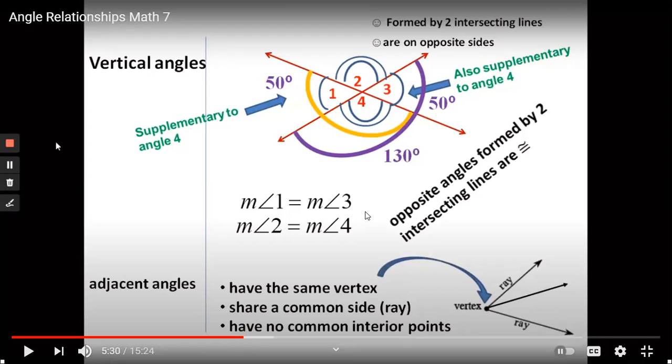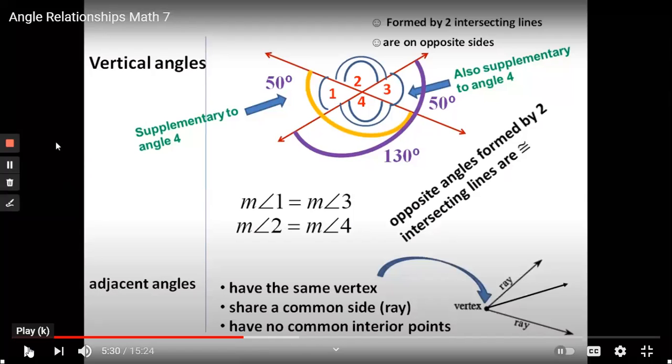And now we will study adjacent angles, and we have a specific condition to decide that they are adjacent angles. They should have the same vertex, share a common side or ray, which is in the middle, and have no common interior points. So let's watch this part, and then I will explain again.